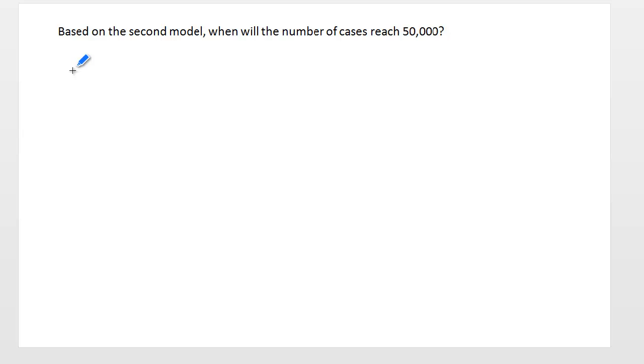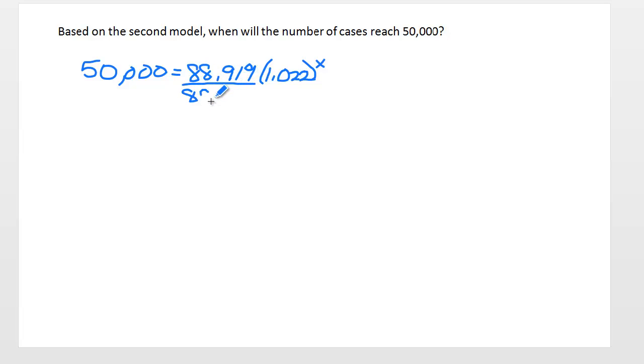So let's use the second model to predict when the number of cases would reach 50,000. So 50,000 should equal 88.919 times 1.022 to the x power. Solving this, we will divide both sides by 88.919.